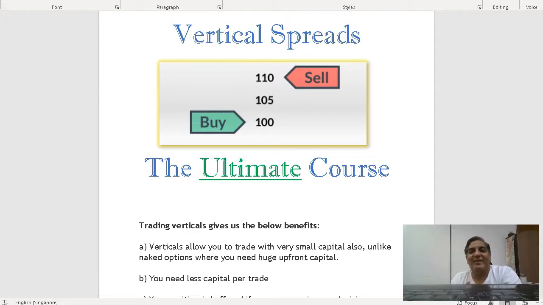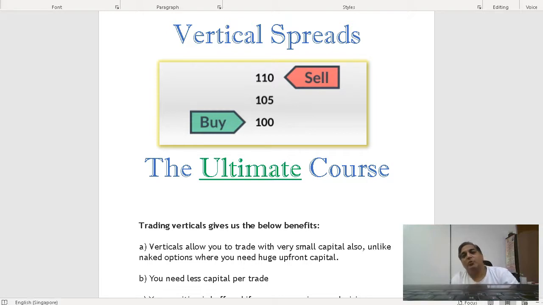Okay, so we are going to look at why we need verticals in the first place. You can buy a naked call or a naked put. Naked call or a naked put means that you can just buy a call and wait for the stock to go up, and if it does, then you sell it and close your position and you make money. So when we can actually buy or sell naked calls and puts, why do we even need verticals?